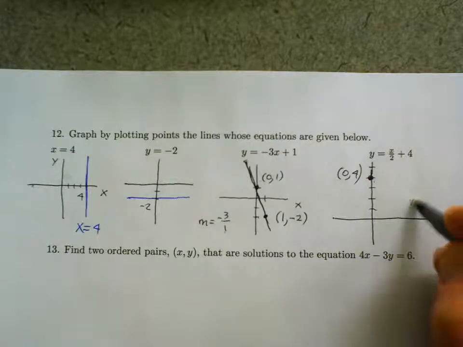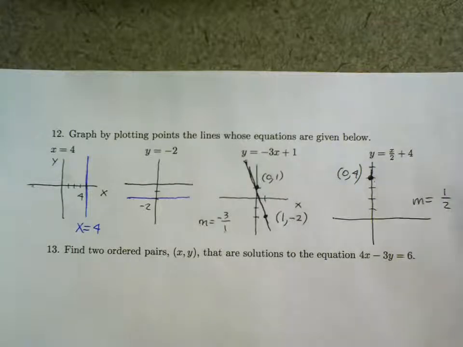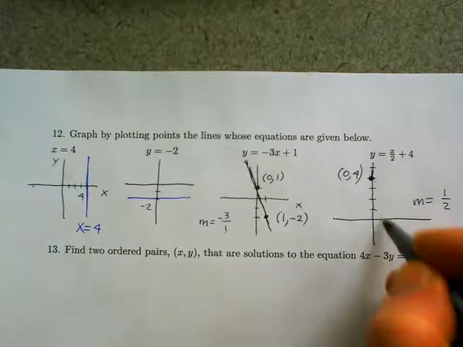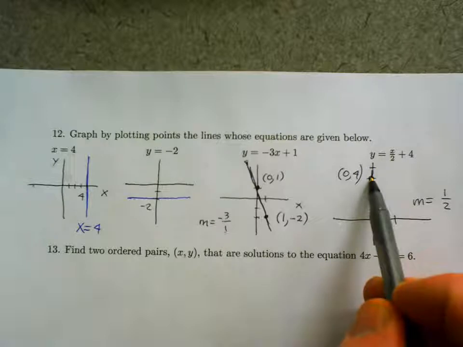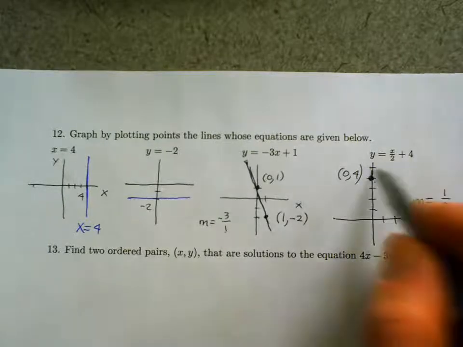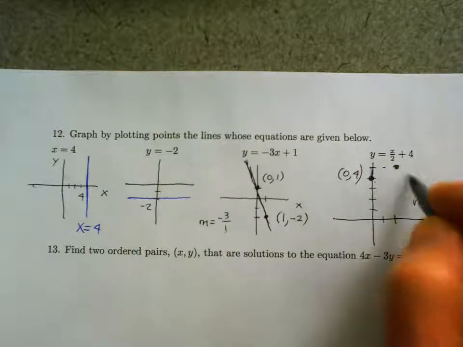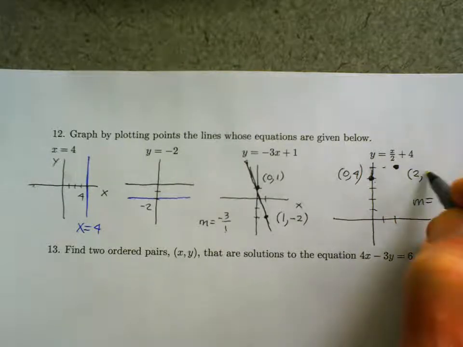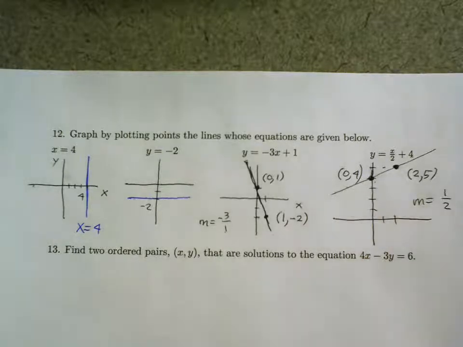The slope is 1/2. X/2 means the same thing as 1/2 times x, so the slope is 1/2. So from the y-intercept, we can use the slope. A rise of 1 means move up 1. A run of 2 means move to the right 2. So we're at this point. The ordered pair for that point is 2 for x and 5 for y. And then draw a line through those 2 points.